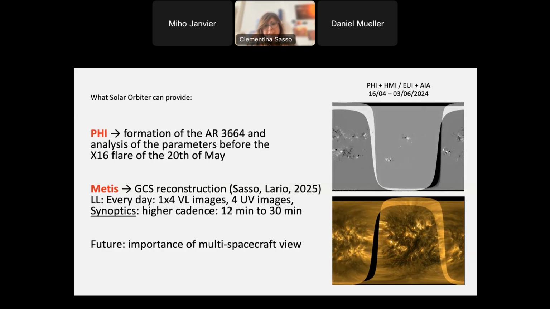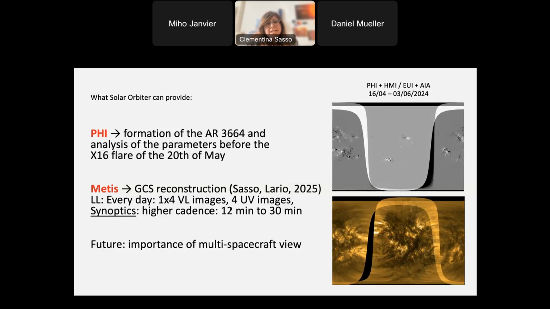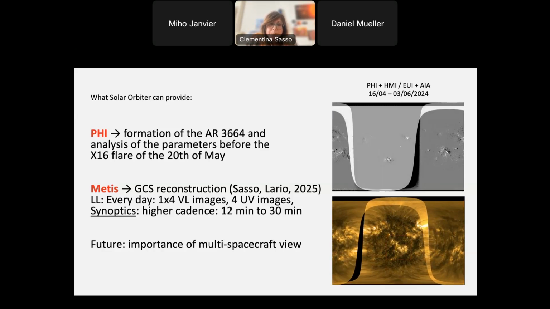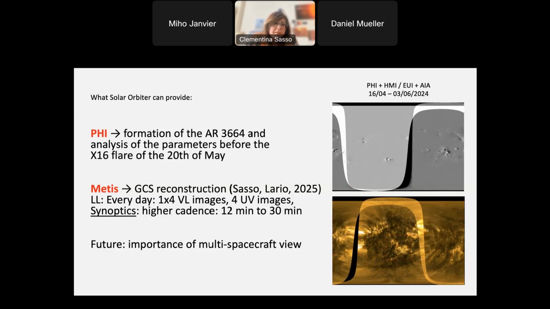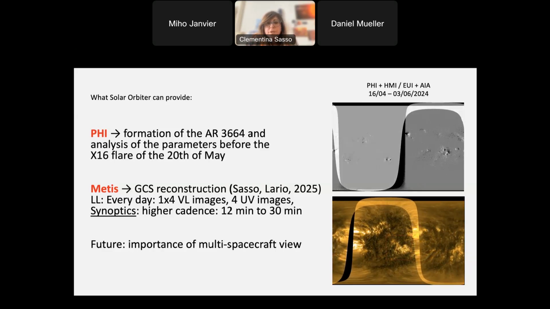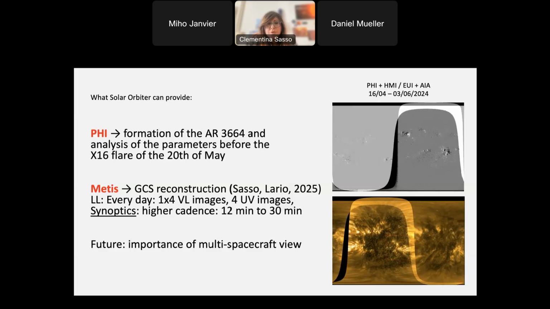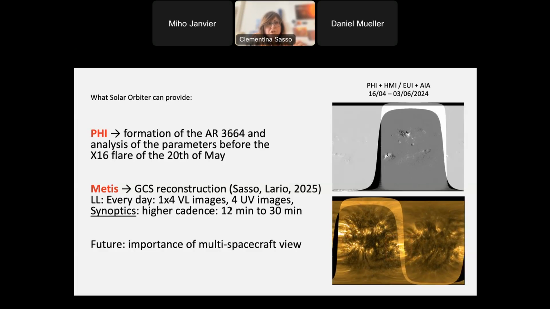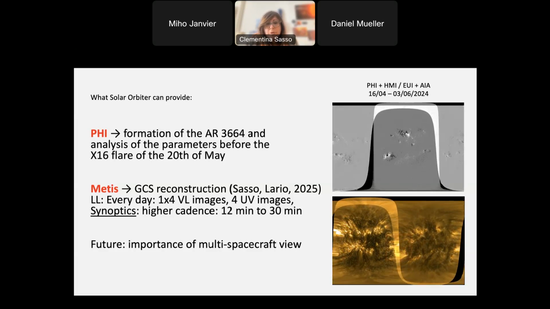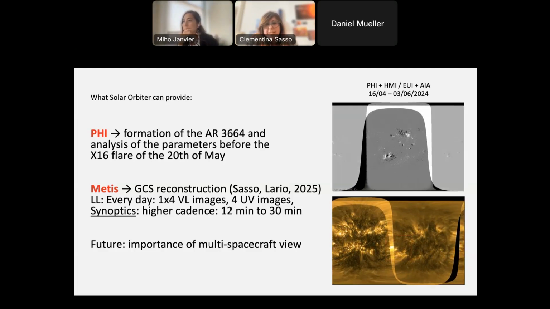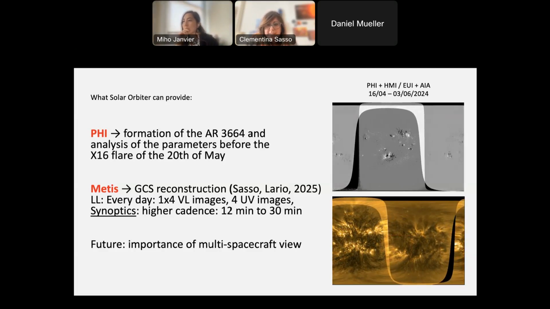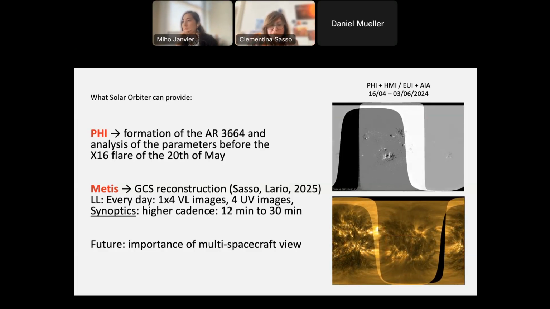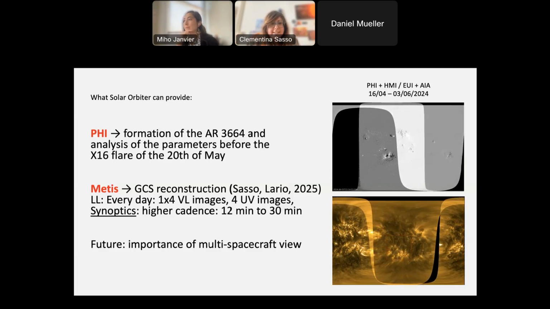And also Metis is very useful for GCS reconstruction, since there is work done by David Lario and myself, and we are working on some in situ observations during the main super solar storm from Solar Orbiter and Parker Solar Probe. And Metis is very useful since we have another coronagraph looking at the event, because Metis was able to see all the events since we were really on the other side of the sun, almost 190 degrees.